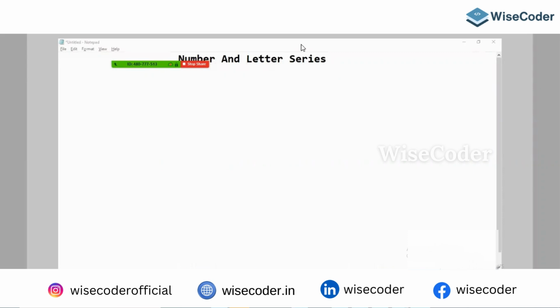When you do letter series questions, they are similar to number series questions, but instead of numbers, we have letters of the alphabet. We first have to identify the pattern that the series of letters follows.